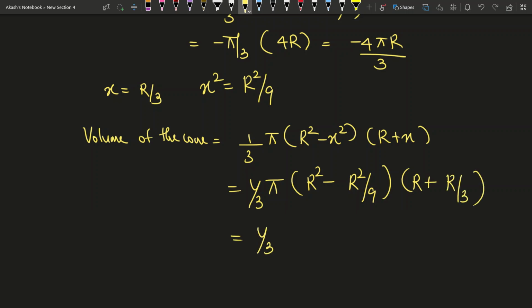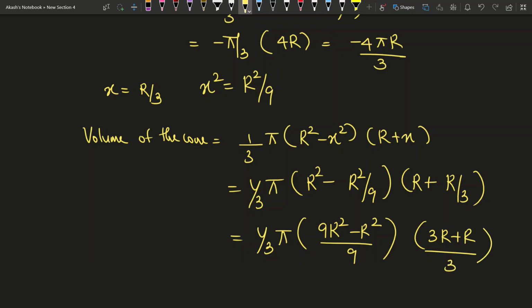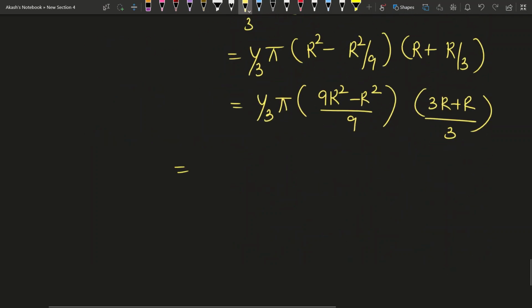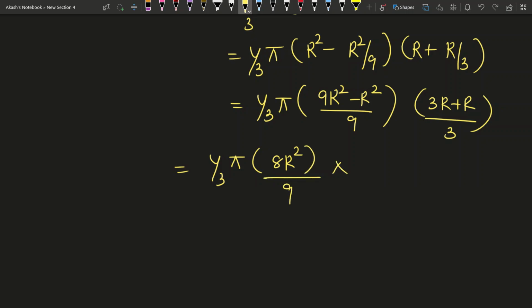So this is equal to 1 by 3 into pi into r square minus r square by 9, equal to 9r square minus r square by 9 if you do cross multiplication, into 3r plus r divided by 3. So this is equal to 1 by 3 into pi into 9r square minus r square, equal to 8r square divided by 9, into 3r plus r equal to 4r divided by 3.